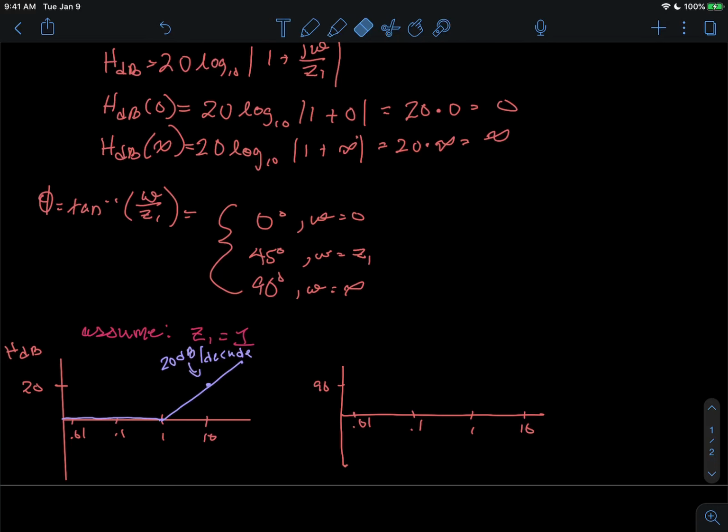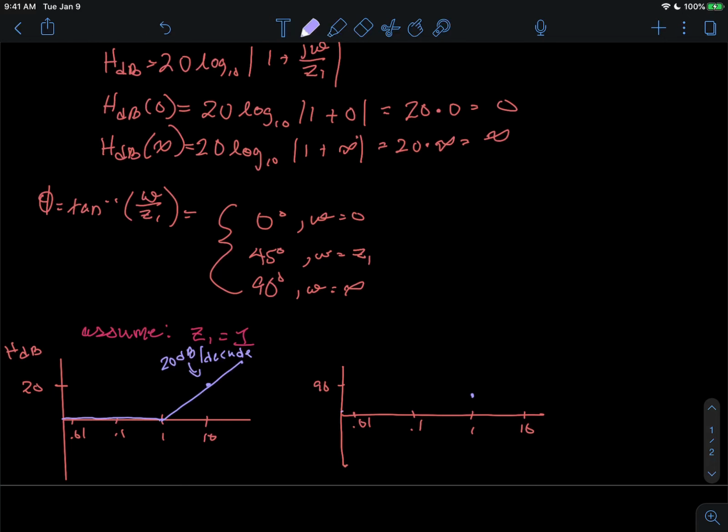For the phase, at z1, where z1 is equal to 1, so at omega equals 1, it's going to be around 45. Basically, when it's 1/10 of the pole or zero location, it starts increasing. And then when it's 10 times that pole location, it levels out at 90.